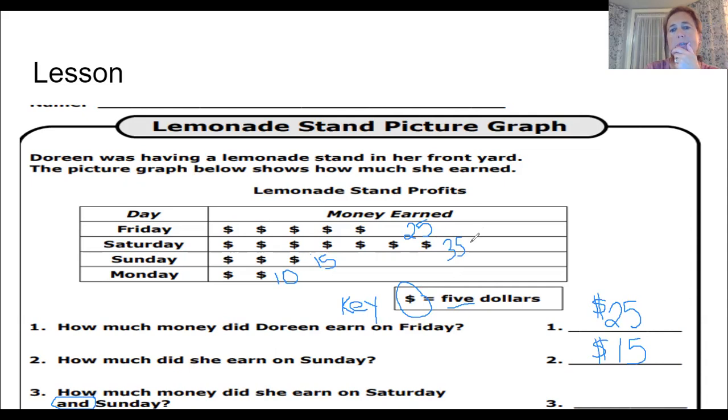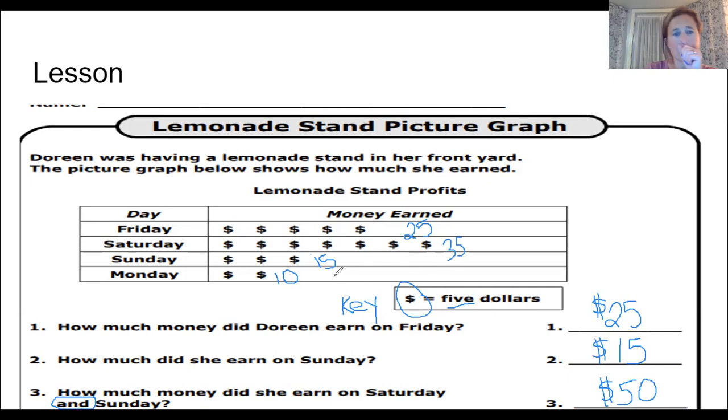You can add 35 and 15, or you can add them this way: 5, 10, 15, 20, 25, 30, 35, 40, 45, 50. So on those two days combined, Doreen made $50. 35 plus 15 is 50.